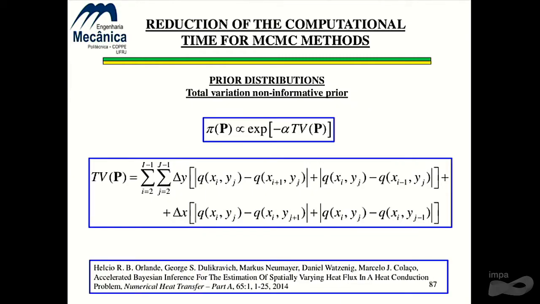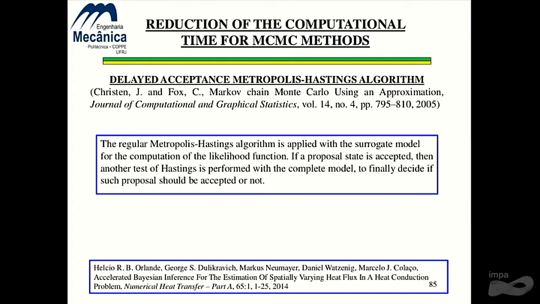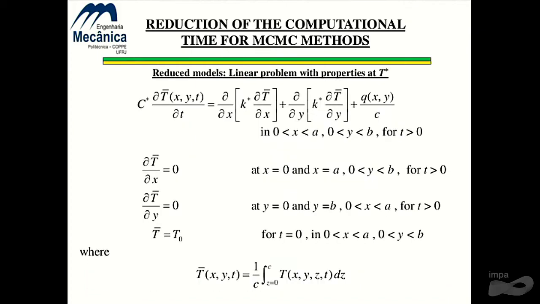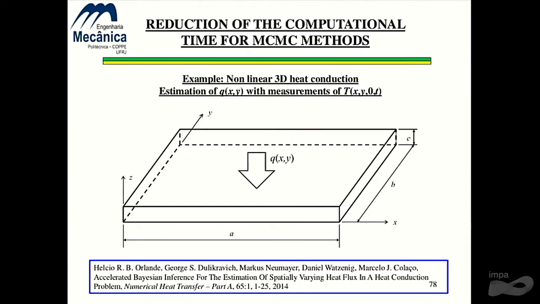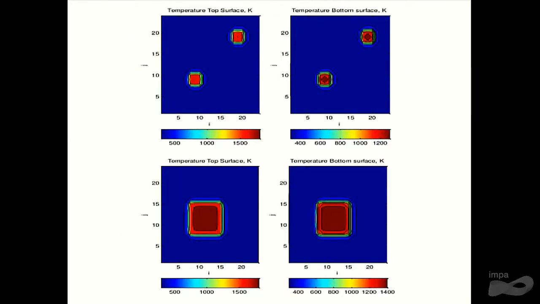Okay, so an example with the prior distribution given in terms of a total variation, as we have seen on Monday, okay? Why a total variation? Because we expect, from the physics of the problem, that this heat flux is concentrated at some points, okay?